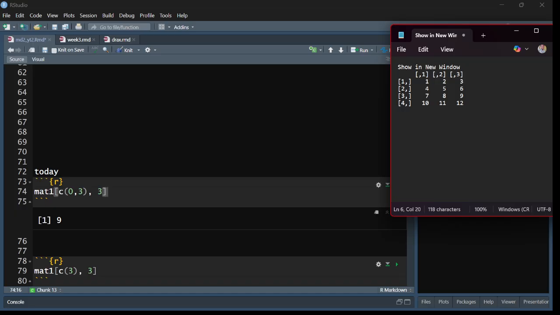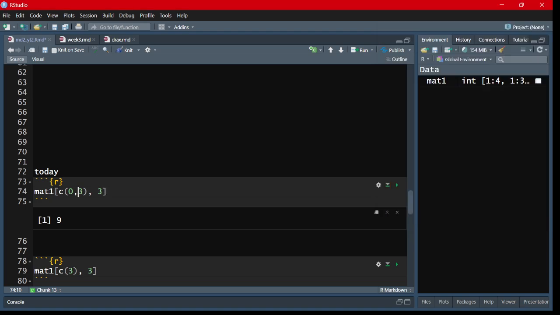Previously we have already seen this. If I place a comma here, but let's change it a little bit. If I do this, what is the output probably?